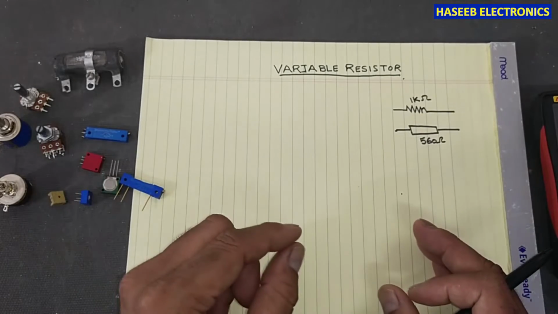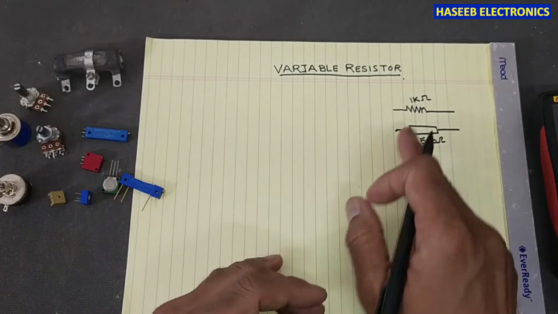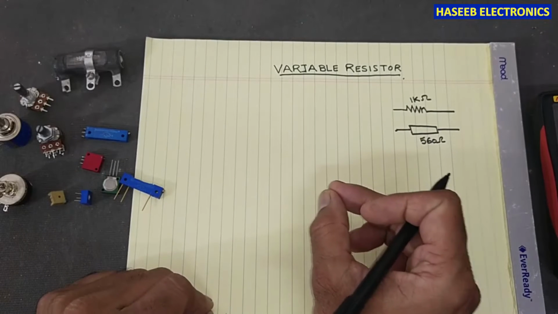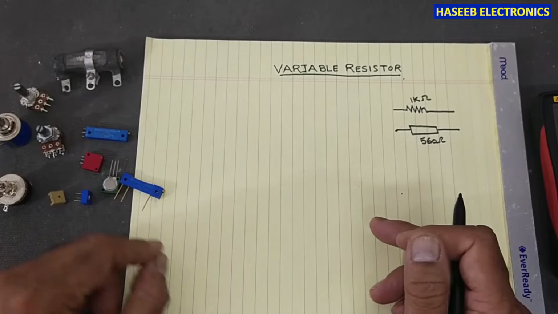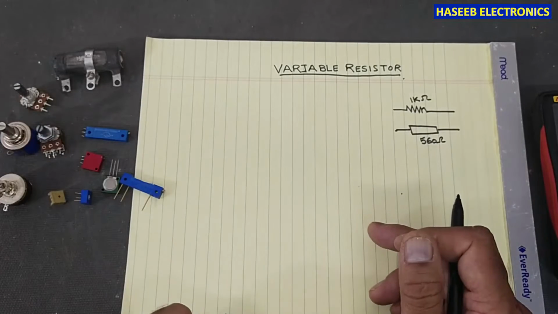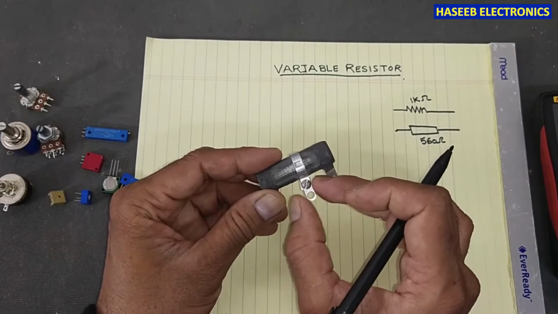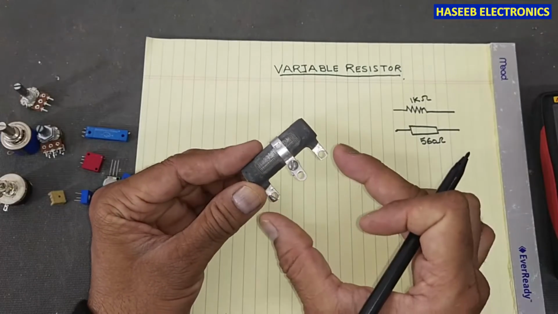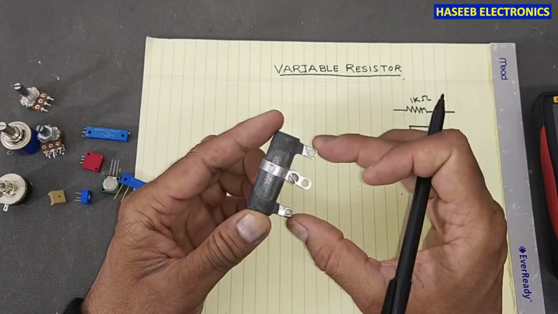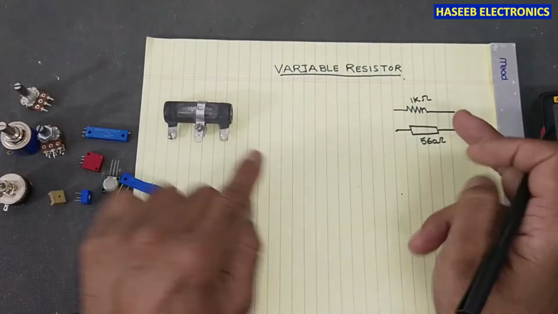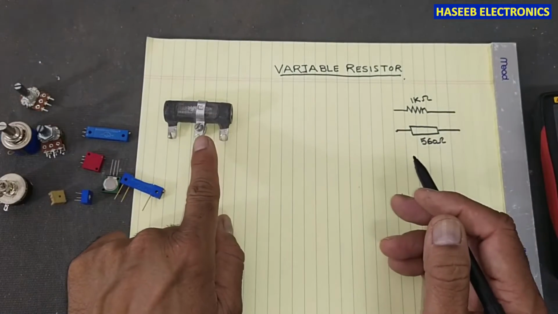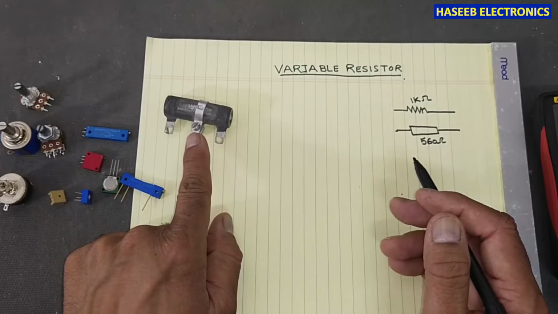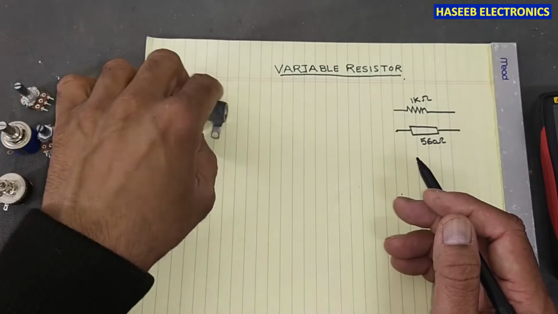But when we need a variable amount of resistance from minimum ohms to a certain resistive value, we use these variable resistors like this. It is a variable resistor. We provide some voltage across these two terminals, and we take an adjustable amount from the center terminal, which is called the slider.